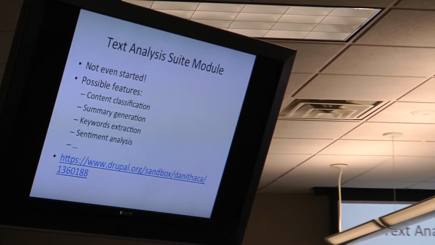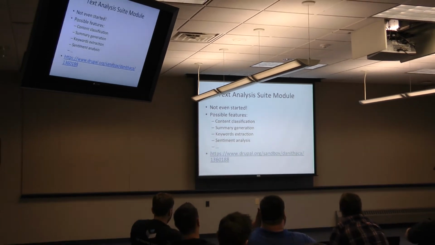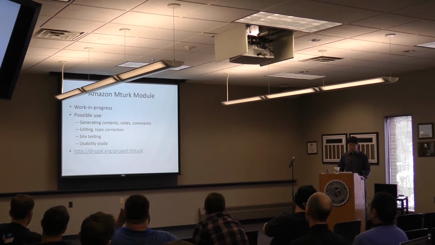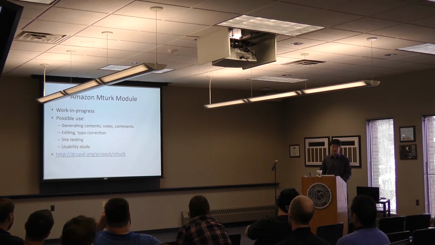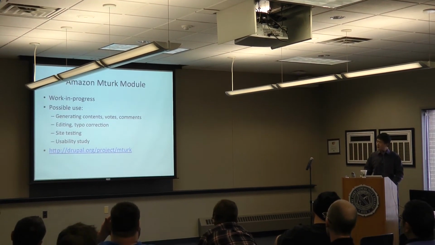if you're doing a community website, you don't want your new users to come to your website and see a blank page. You want to have some content before you get users to your site. Then you can use Amazon Mechanical Turk to generate some content for you in your community site.